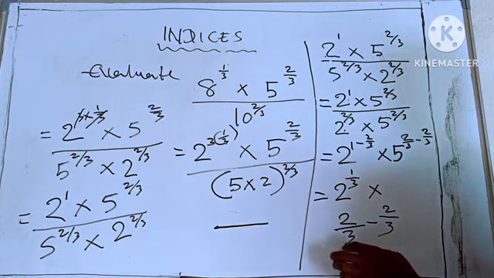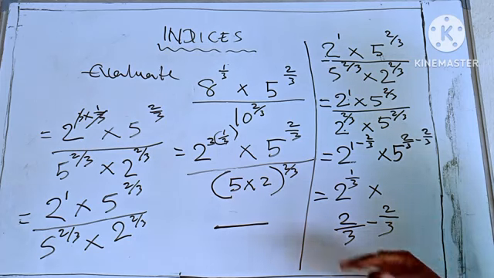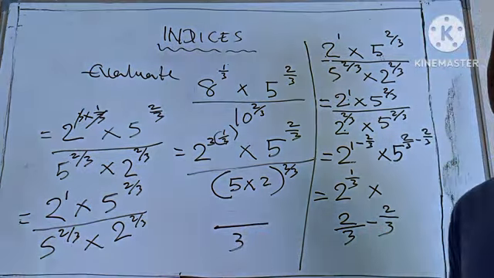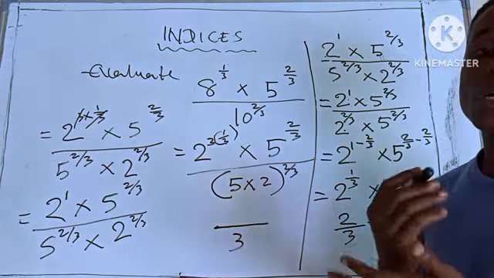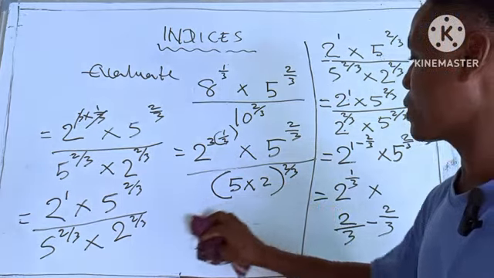Are you getting it? You first of all find the LCM between the two down numbers. So LCM of 3 and 3 is still 3. I know most of you still don't know how to find LCM. Okay, let me break down everything.